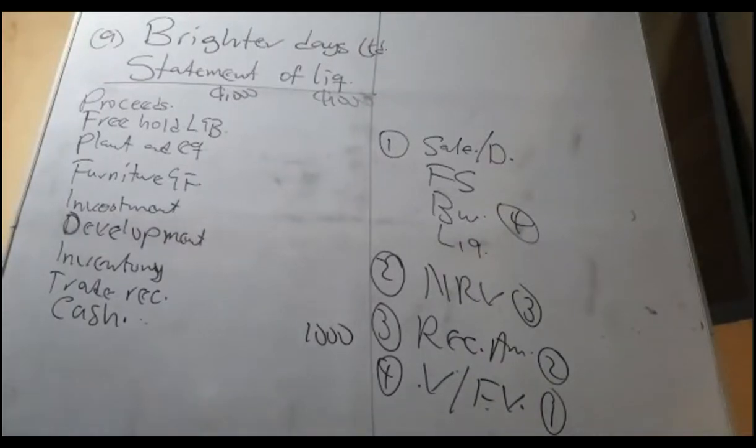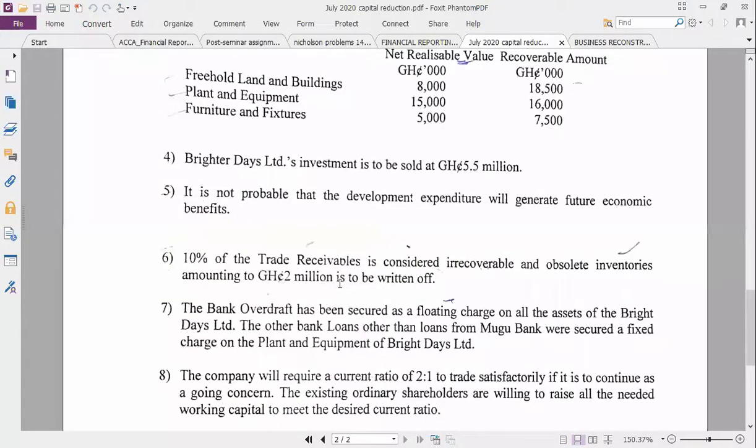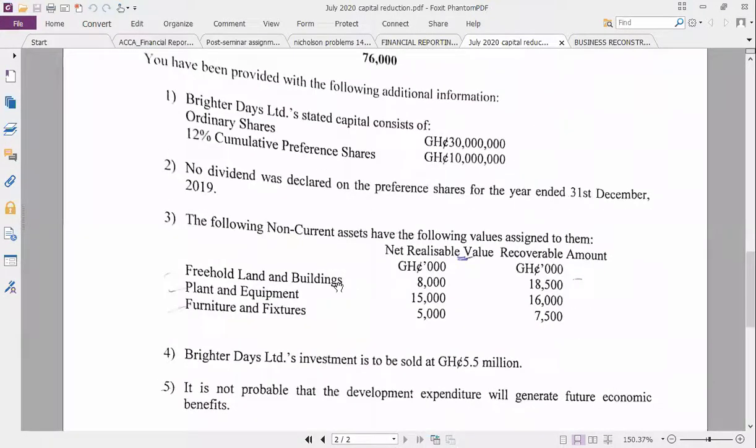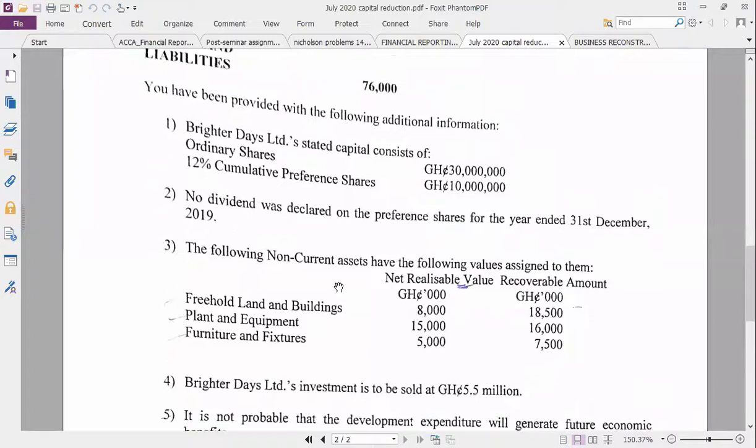Okay. So let's go to the footnote and select them. Here, first note stated that Brighter Days Limited's stated capital consists of this. Note 2, dividend. No dividend was declared on preference shares for the year ended 31st December 2019. Good.